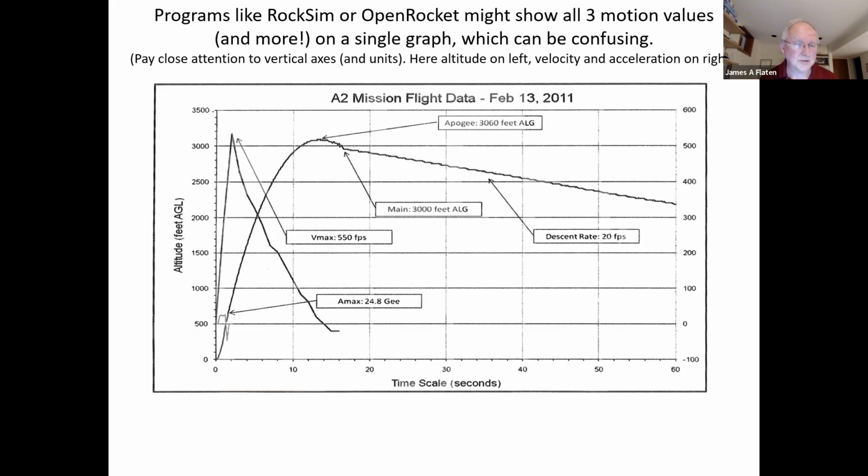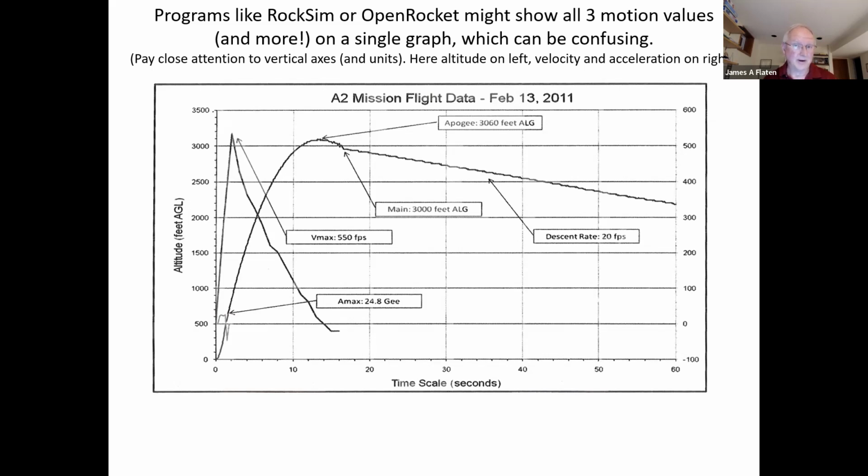And then it starts to coast. And as it coasts, the velocity drifts back down, essentially to zero, and then ends up slightly negative as it comes down under parachute. That isn't, in fact, shown on this graph. But I see the maximum velocity, Vmax, is about 550 feet per second, using the right-hand numbers with units of feet per second.